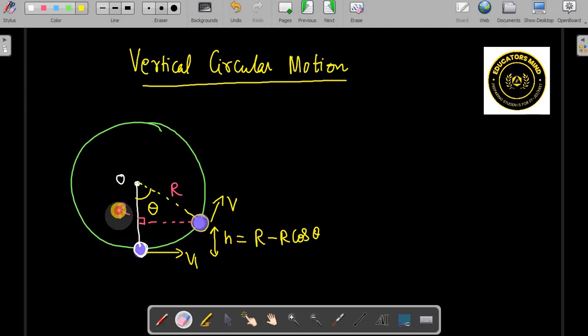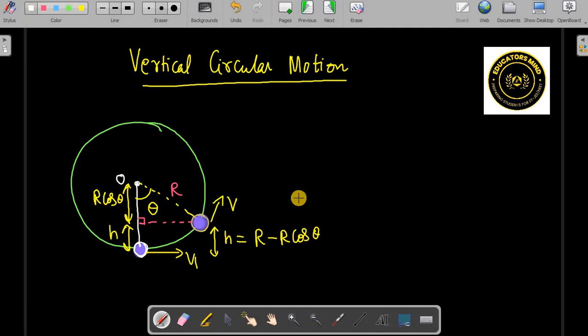How is this r cos theta? Because from here to here the length is r cos theta, and the total is the radius r. So this is h, right? So r cos theta plus h is equal to r, the total radius. So from here you get h. Between these 2 points you can apply energy conservation.